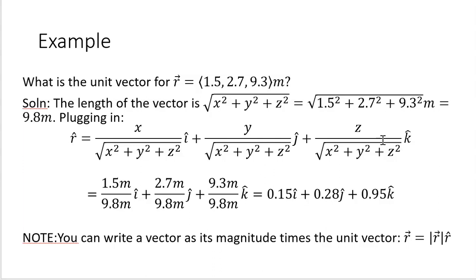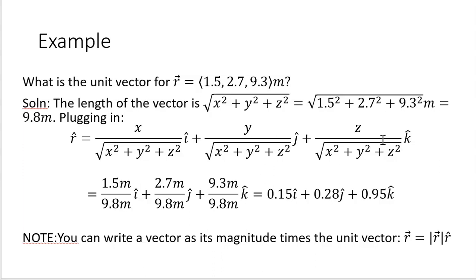And then I would have a unit vector of 0.15 i hat plus 0.28 j hat plus 0.95 k hat. This unit vector would point in the direction of our r hat. And if you double check me there, if you take the square root of the sum of the squares of 0.15 squared plus 0.28 squared plus 0.95 squared, you'll see that you get 1, or close to it with rounding error, since I did truncate to 2 sig figs for each one of those numbers.